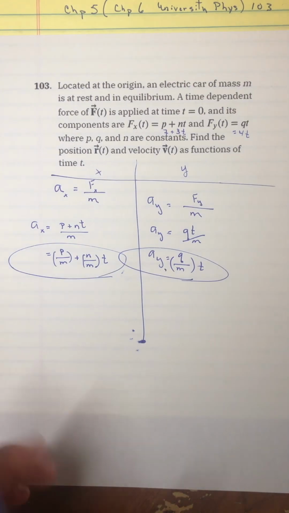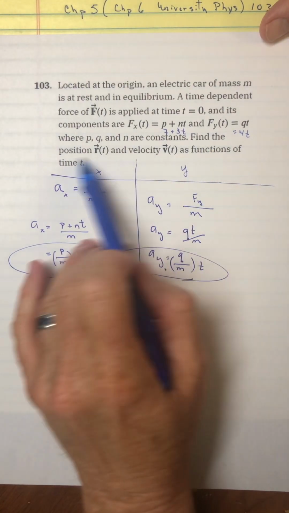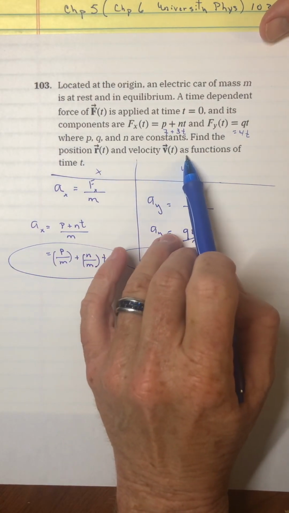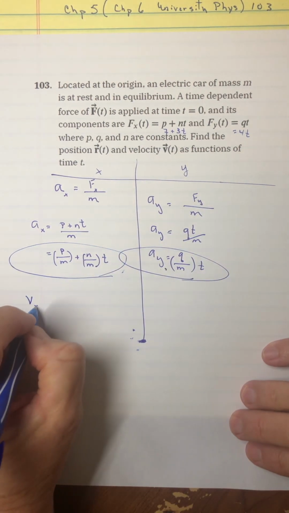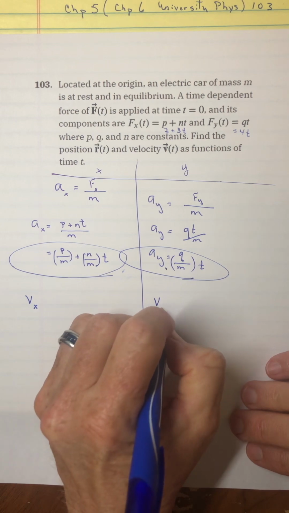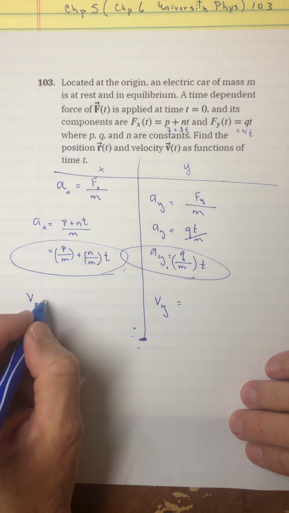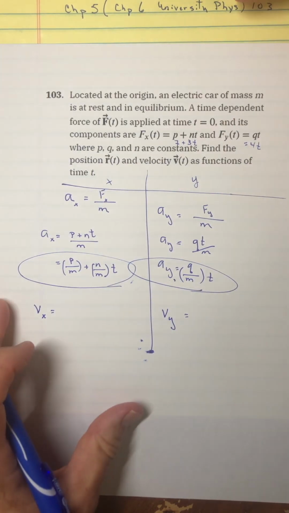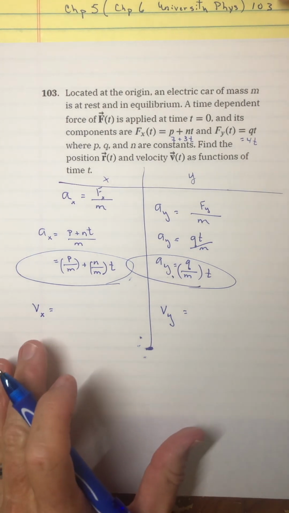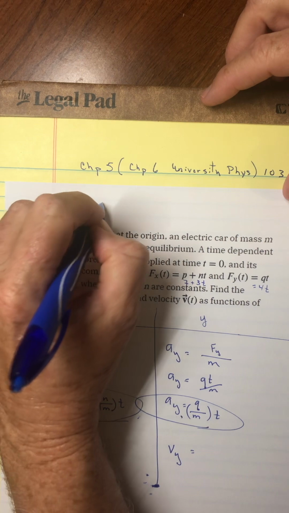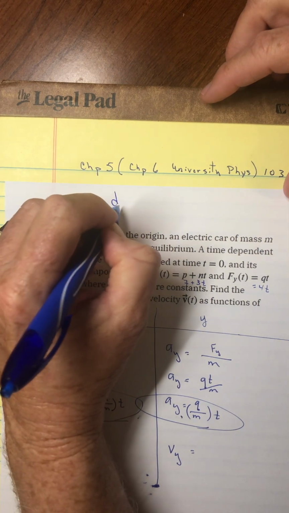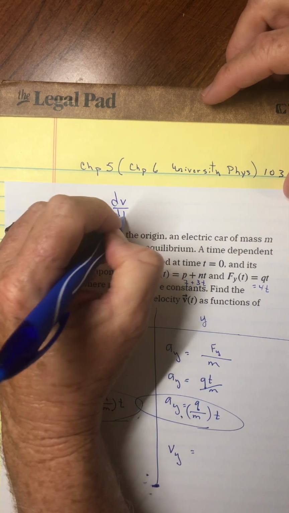Now I can get to where it says find the velocity vector. That means what I need to find is the velocity in the x direction and also the velocity in the y direction. And this is where our calculus comes into play. Acceleration is how the velocity changes with time.